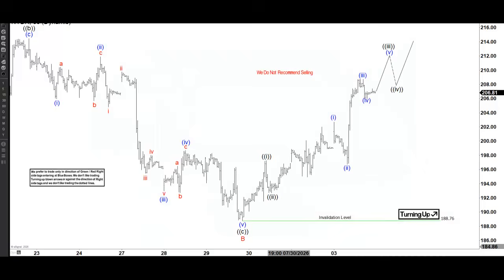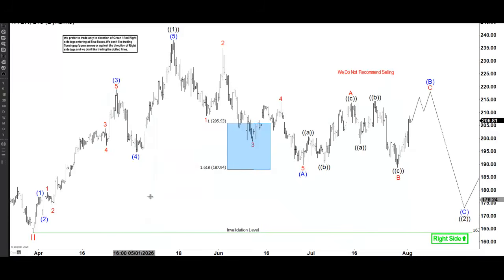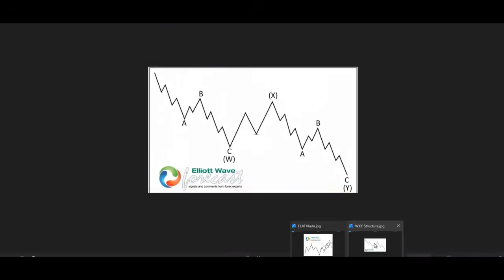Now, let's take a look at NVIDIA on the 4-hour. What do we have? 1, 2, 3, 4, 5. In this case, NVIDIA is over here in 5 waves. And then instead of the double, NVIDIA is doing what we call an ABC lower, right?